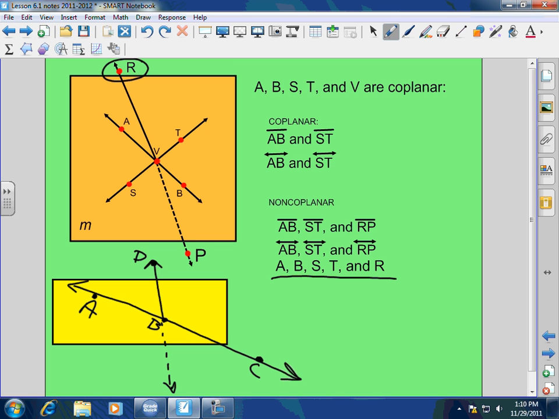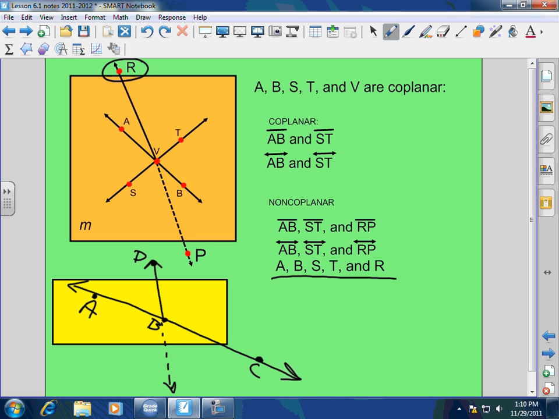It depends. You cannot just say D is non-coplanar. D is part of its own plane. D is part of the line DB, correct?